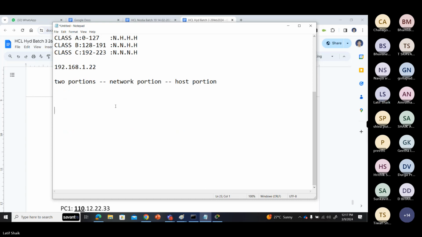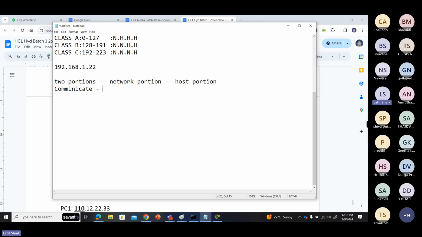Here is a rule. If you want to communicate between devices, what is the requirement? To communicate, what do we need? Connectivity, IP address, protocols, right?